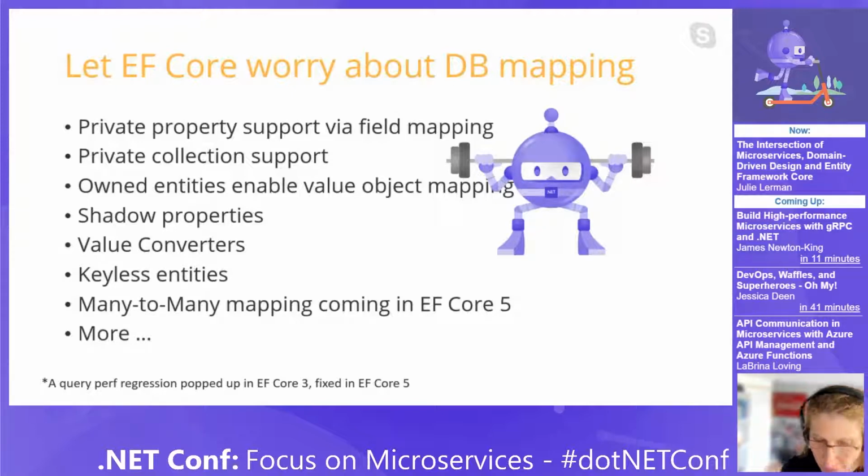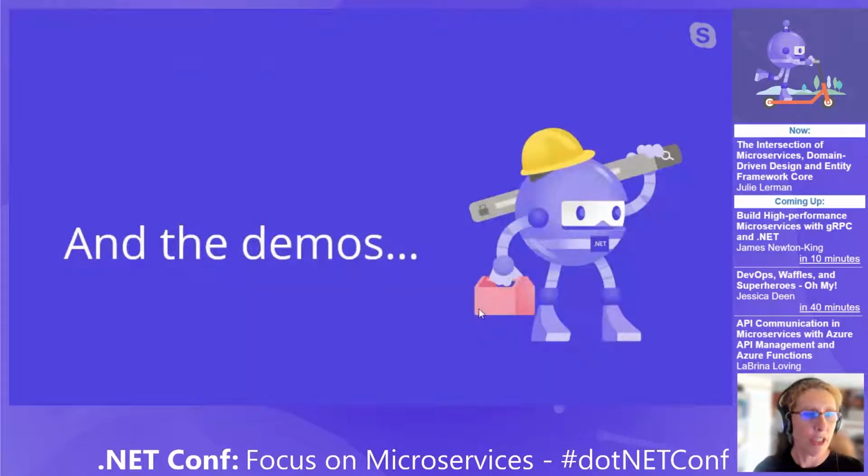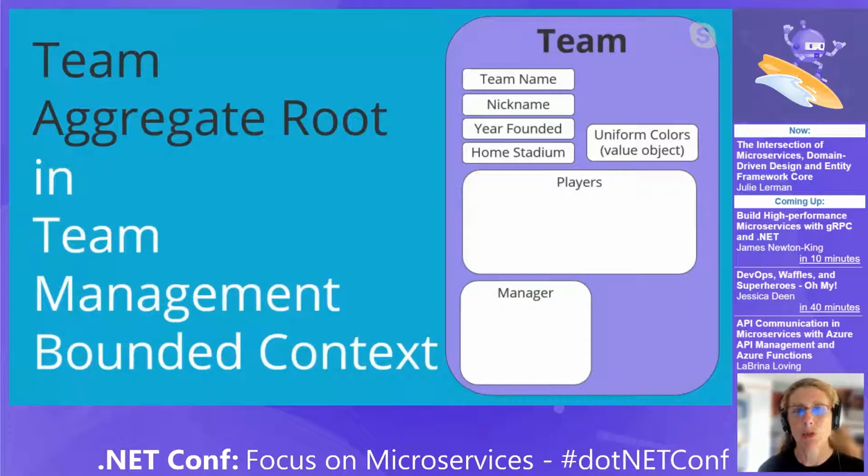So flip over here to Visual Studio. Just so you know what I'm working with, the aggregate root that I have is about team management. I have a team management bounded context, and my aggregate is about managing the team. So I have a team entity, which has a bunch of properties: team name, nickname, and home stadium.